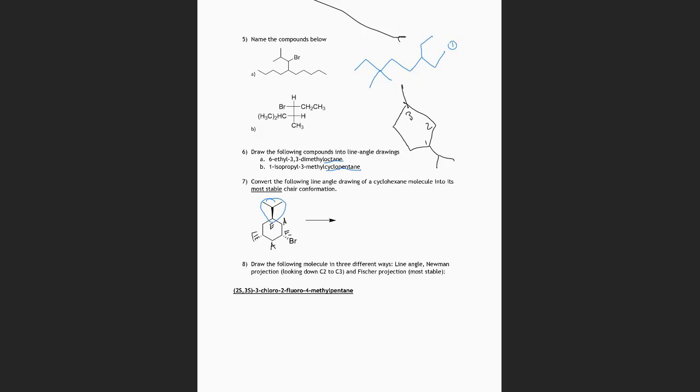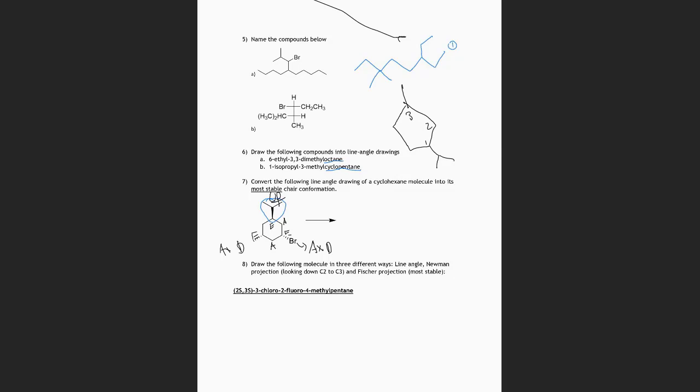So this is the equatorial up position. So it goes axial up, equatorial up. But because bromine is now a dash, this is going to be axial down. It goes back to axial up, equatorial up, but because the methyl is once again a dash, it's axial down.